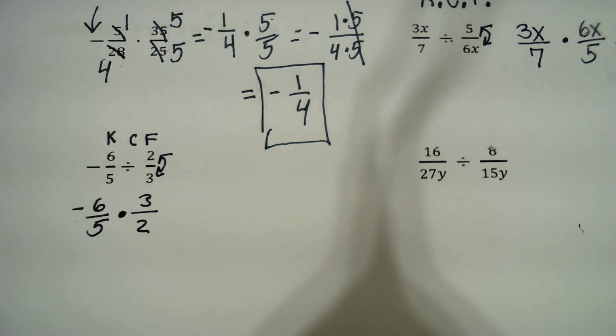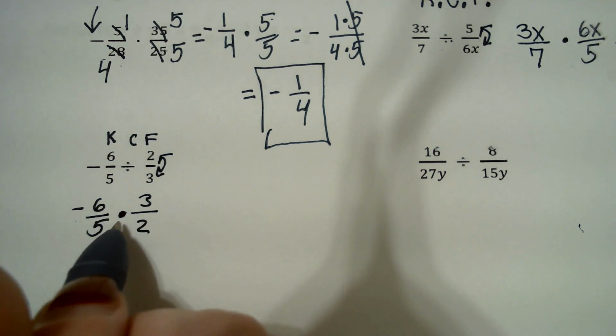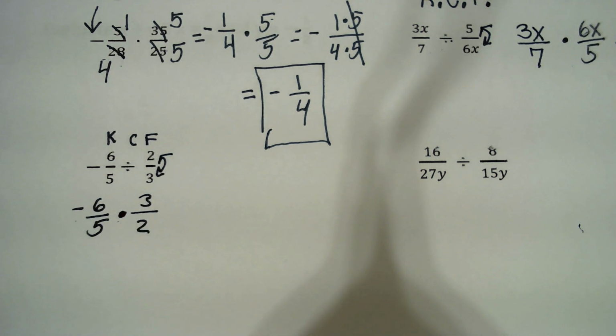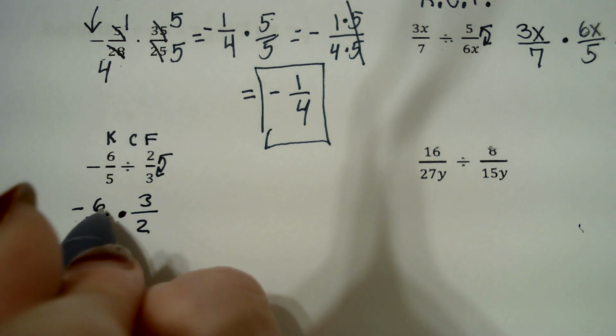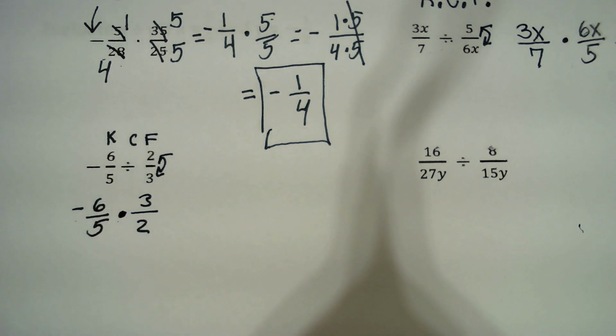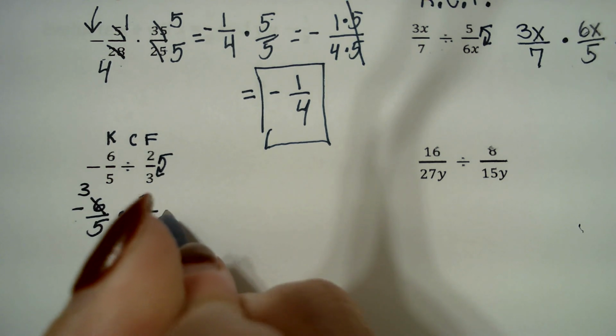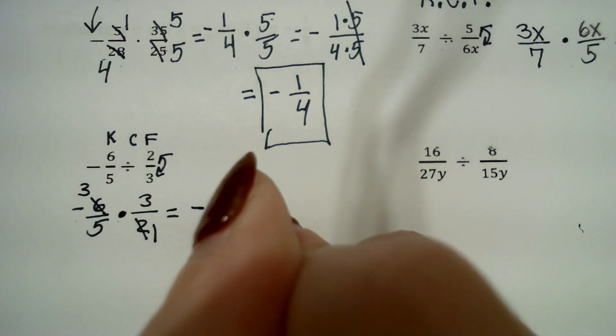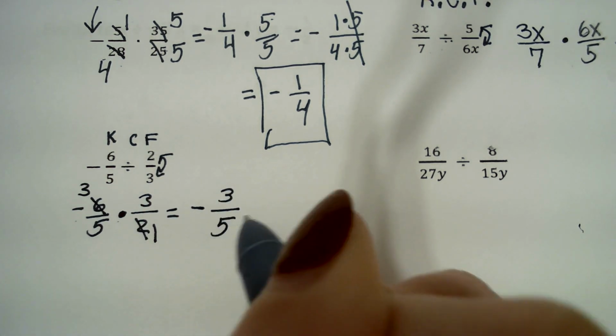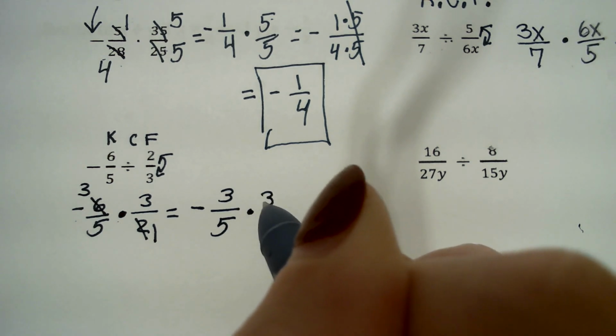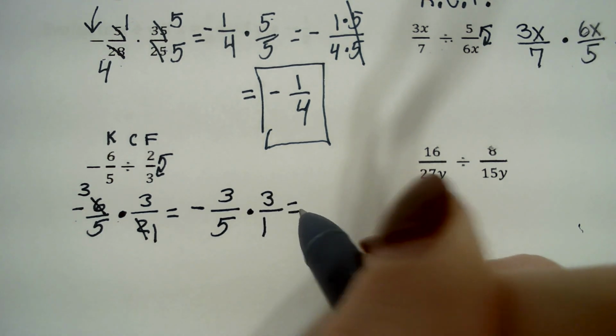Now I see if I can simplify, because my next step would be to multiply, and I know before I multiply, we simplify. And 2 and 6 do have a common factor. 6 divided by 2 is 3. 2 divided by 2 is 1. So my new problem is negative 3/5 times 3 over 1.